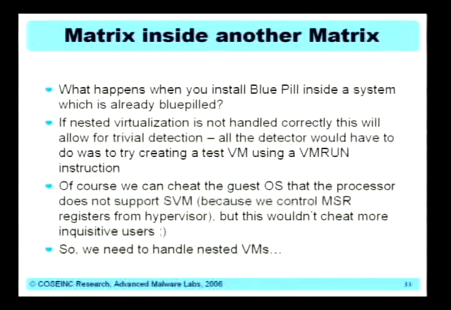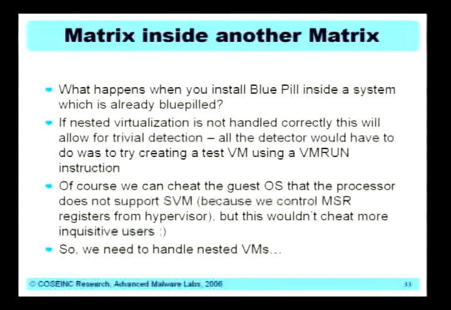So what happens when you install Bluepill inside a system which was already Bluepilled? This is a question about nested virtualization. As Dino said today, if we didn't handle nested virtualization correctly, then it would allow for very easy detection by just trying to create a test virtual machine. And if it fails, then something is wrong.